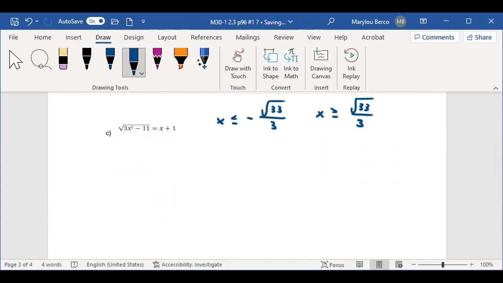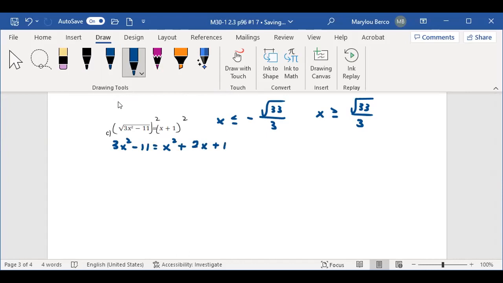Okay, so what we have here is we are going to square both sides to solve algebraically. And we get 3x squared minus 11 equals x squared plus 2x plus 1.